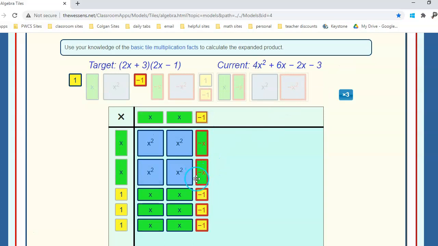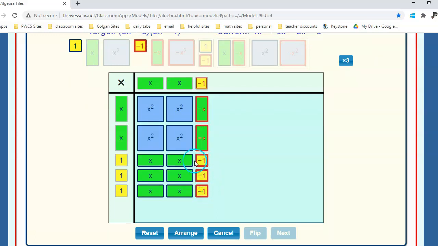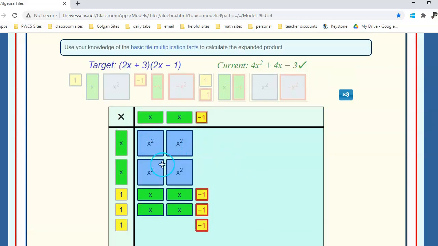So when we combine them, and this is kind of going back to when we were simplifying using algebra tiles, I can cancel out my 0 pairs, or if I have a positive and a negative, I can combine them because they're really canceling each other out. Which just leaves me with 4x squared plus 4x minus 3, which is the correct answer here.